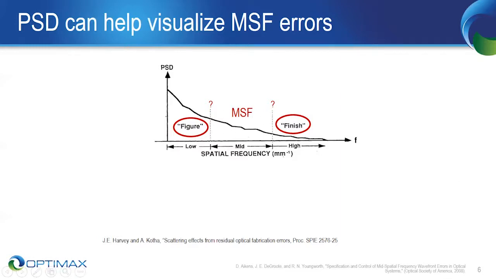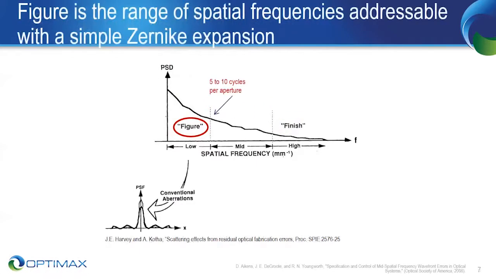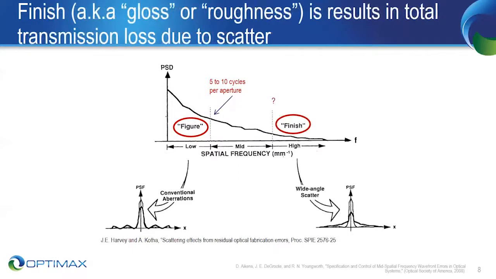So where are these cutoffs, and how can we talk about these a little bit more? First, your figure. It's the range of spatial frequencies addressable with a simple Zernike expansion. These are your conventional aberrations. Where that cutoff usually falls is about 5 to 10 cycles per aperture. Then on the right-hand side we have our finish.